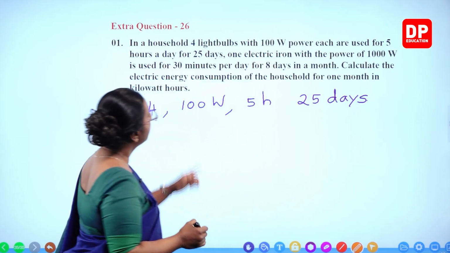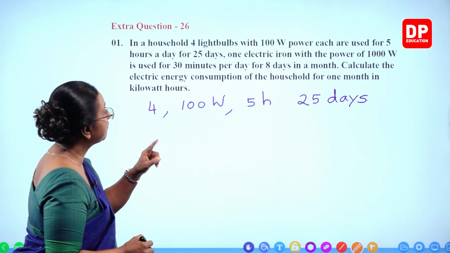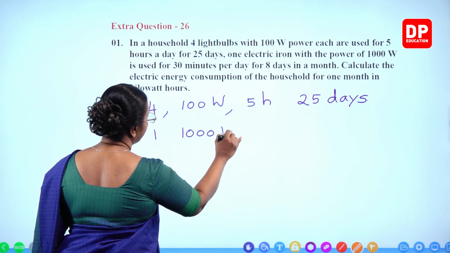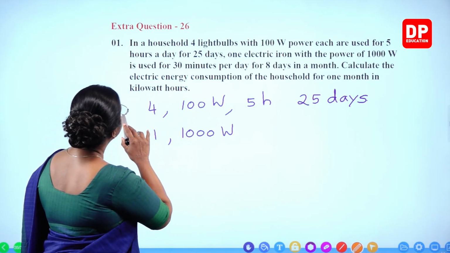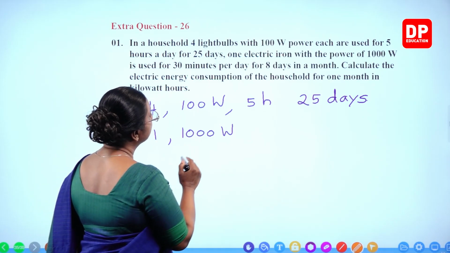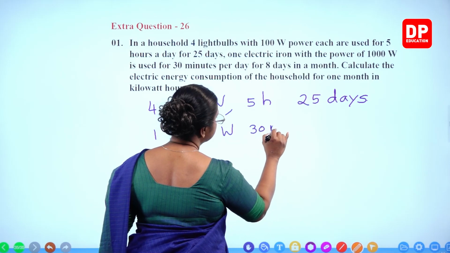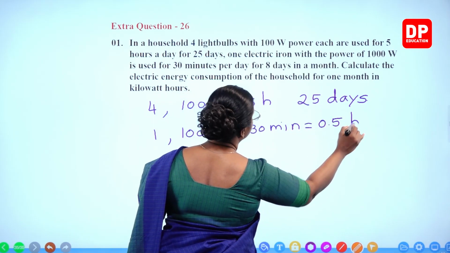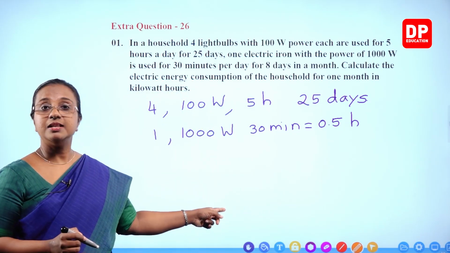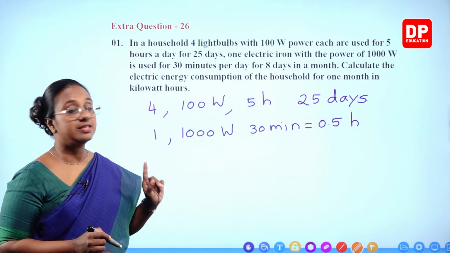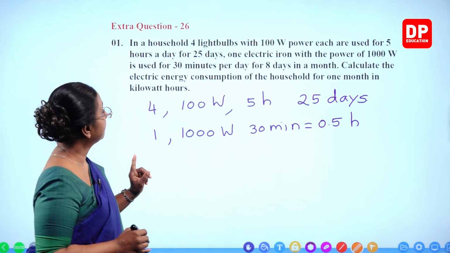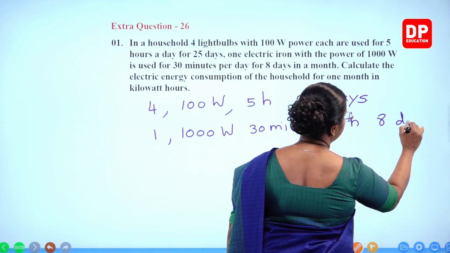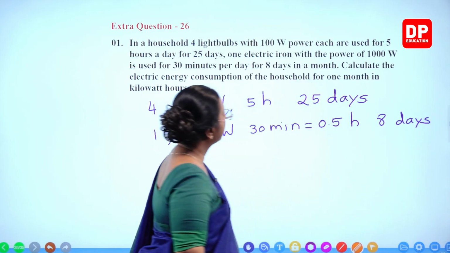One electric iron with the power of 1000 watts is used for 30 minutes per day. 30 minutes, that you know is equal to 0.5 hours per day, because 30 divided by 60. It's always easier to have the time in hours per day, for 8 days in a month.